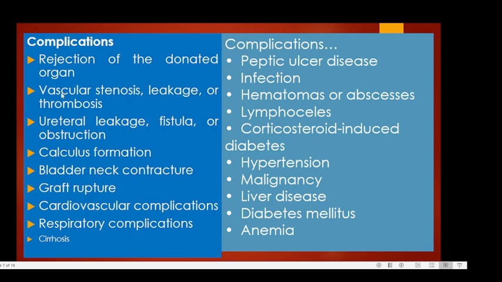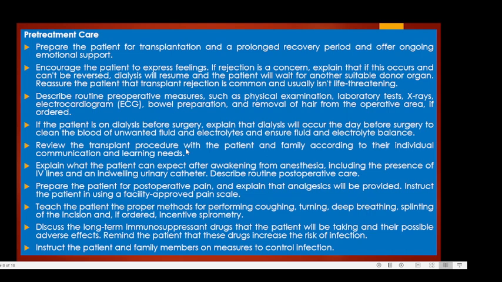We also have others including vascular stenosis, leakage or thrombosis, ureteral leakage, fistula or obstruction, calculus formation, bladder neck contracture, graft rupture, cardiovascular complication, respiratory complication, cirrhosis, peptic ulcer disease, infection, hematomas or abscess, lymphocele, corticosteroid-induced diabetes, hypertension, malignancy, liver disease, diabetes mellitus, and anemia.